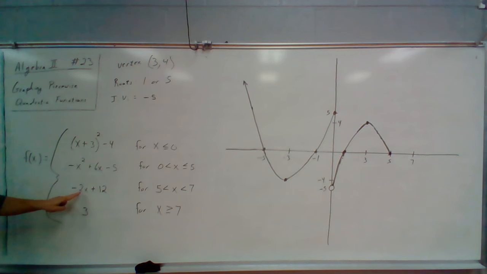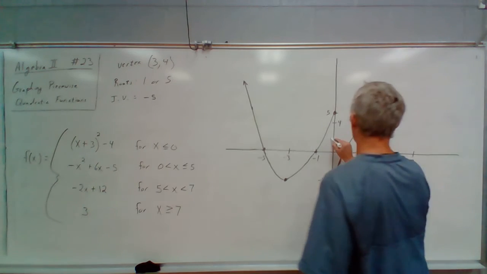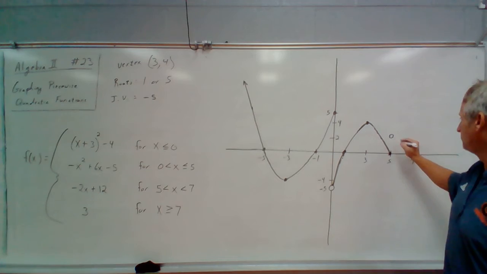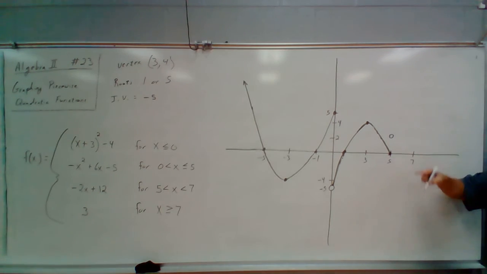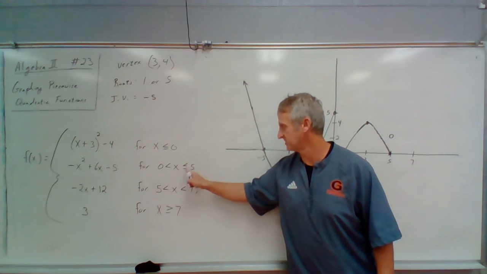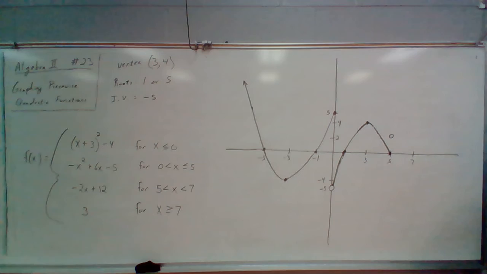If I put a 5 in here, negative 2 times 5 is negative 10. Negative 10 plus 12 is 2. But notice I'm going to use an open circle because I'm not allowed to put the 5 into this equation. The 5 belongs to this. So I have to use an open circle there.